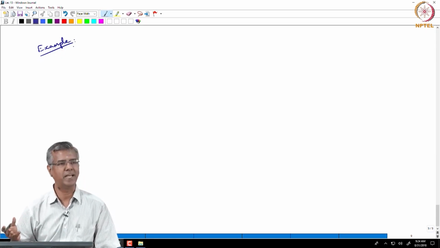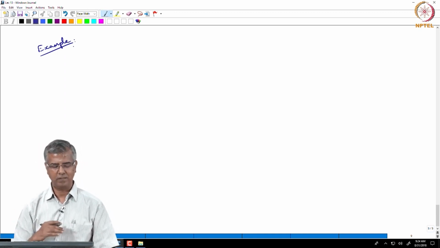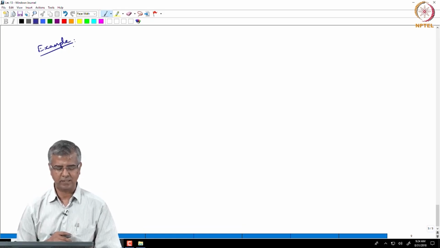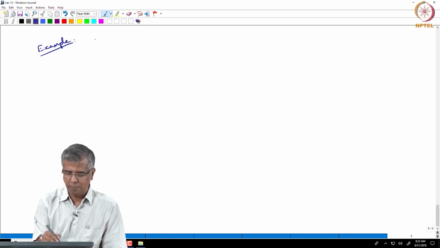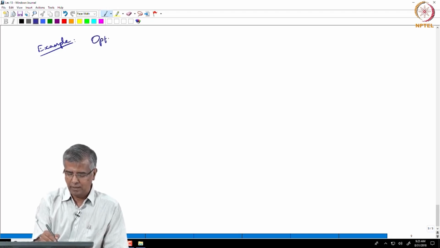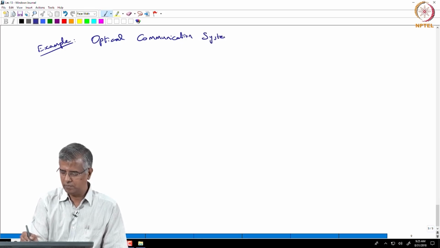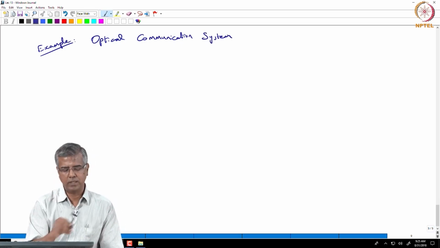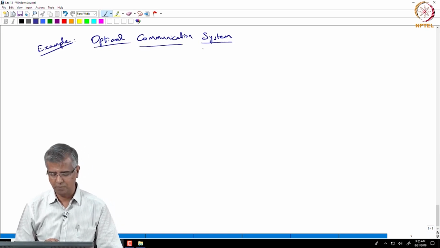So, you may need a laser for multiple applications, but we'll defer that discussion, and just see where we need an optical amplifier. It turns out that an optical communication system is one such example where we need an optical amplifier.